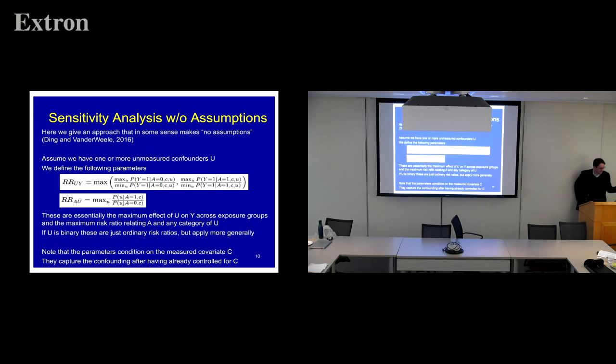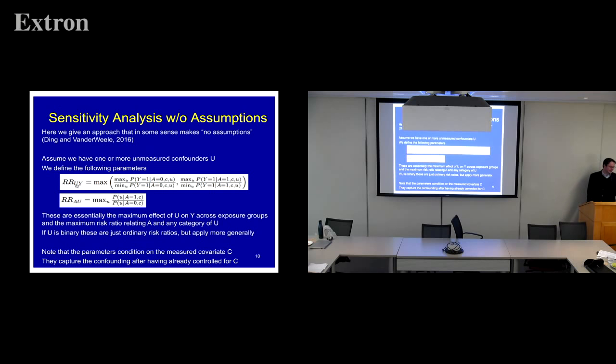So again, the original technical work was trying to relax these assumptions. We defined two parameters, and somewhat remarkably could still obtain closed form sharp bounds, which were often quite informative. So we've got two parameters essentially relating the unmeasured confounder to the outcome and the unmeasured confounder to the exposure.